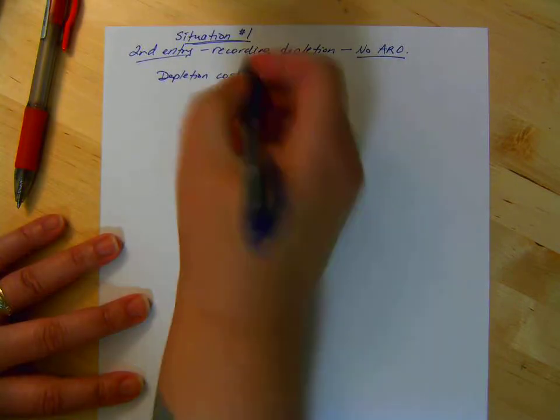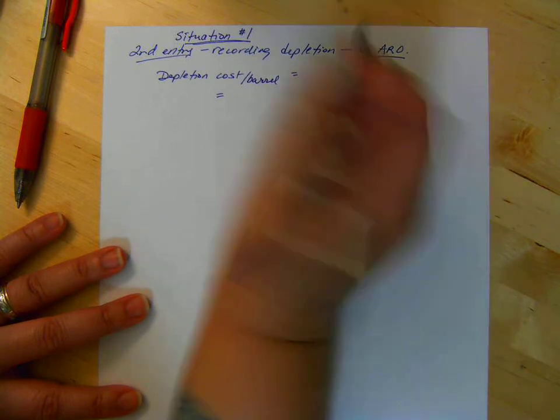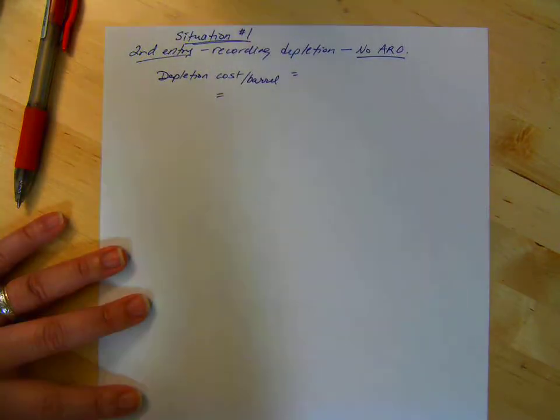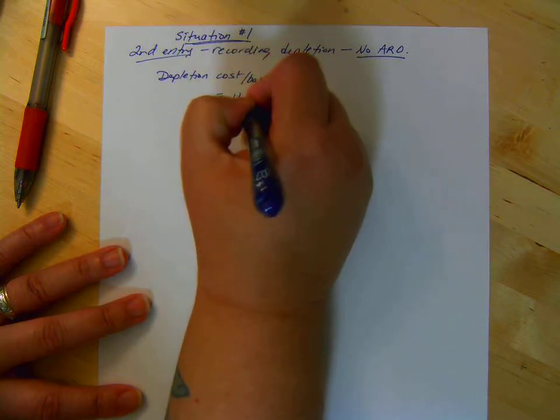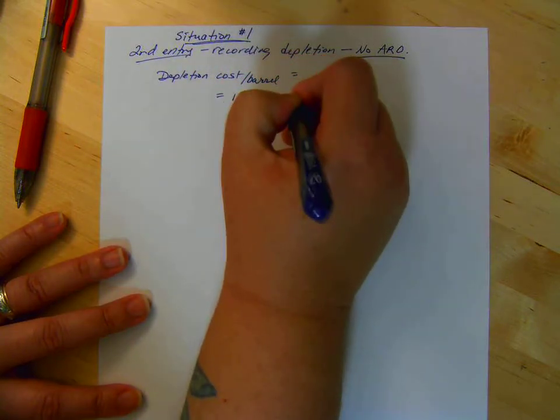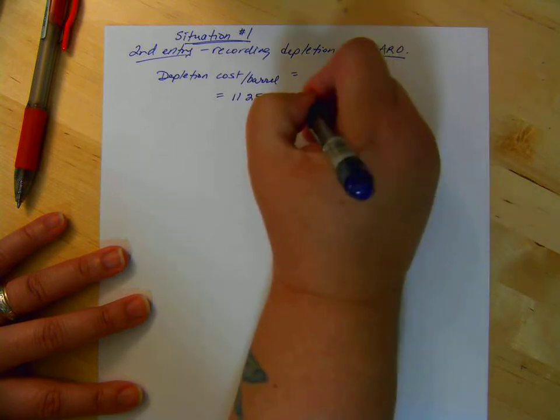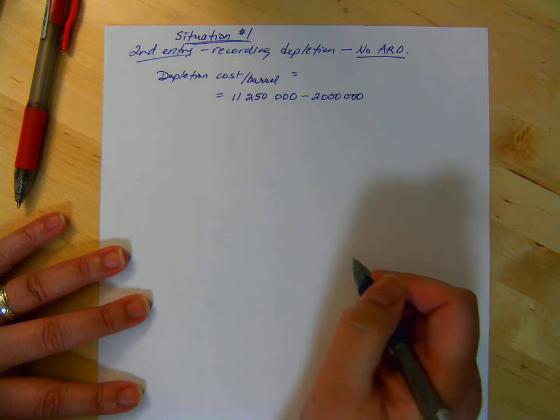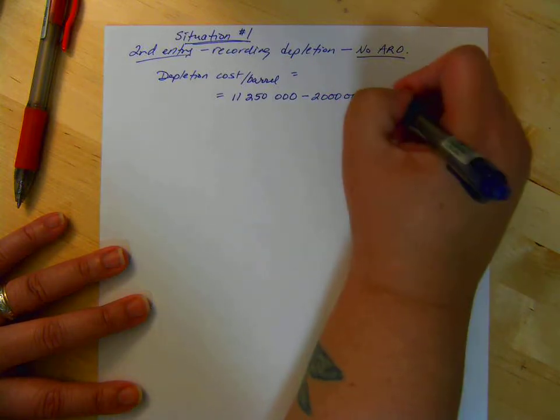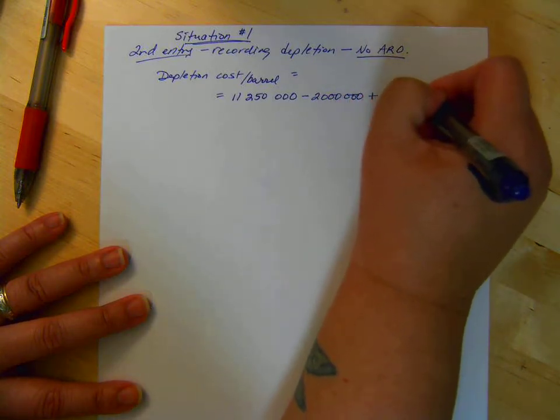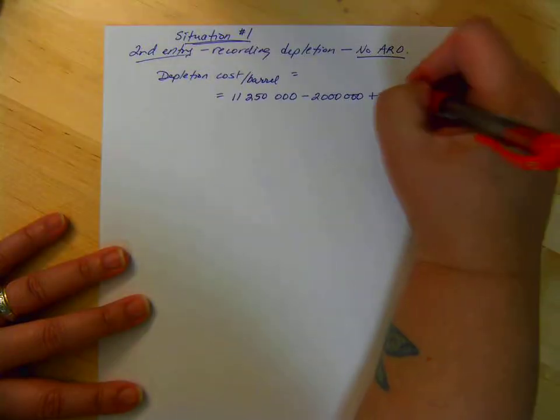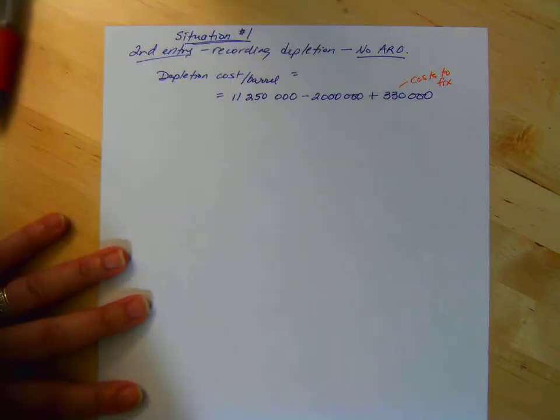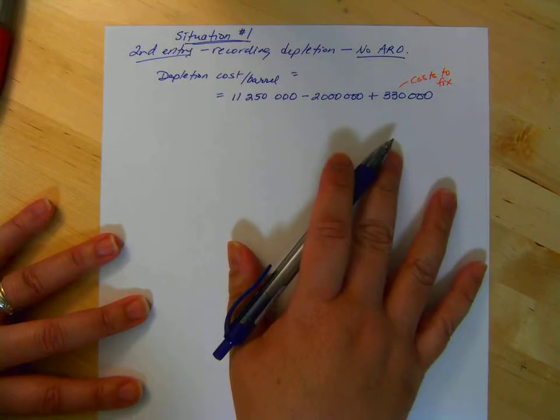Okay, so we're going to take the cost of all the land and everything we put in. So we've got the 11,250,000. Take out the land since it's separate. And then we're going to add the 330 costs to fix, or rejuvenate, or replenish, or whatever you want to call it.